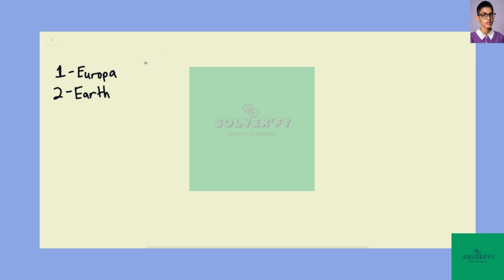we can start off by saying that the density of Europa is approximately equal to the density of Earth. So rho sub 1 equals rho sub 2.